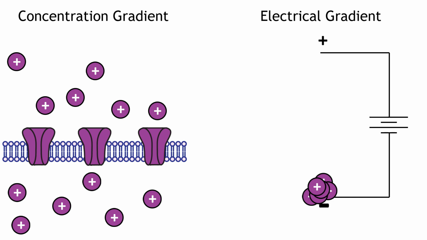And when both of these are combined, they form the electrochemical gradient. Sometimes both gradients point in the same direction, amplifying the ion's drive to cross the membrane. Sometimes they point in opposite directions, partially or completely offsetting one another.